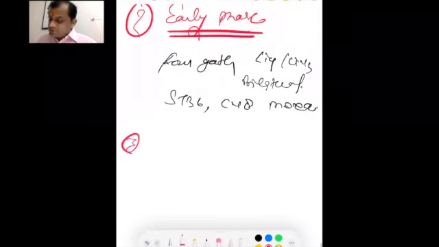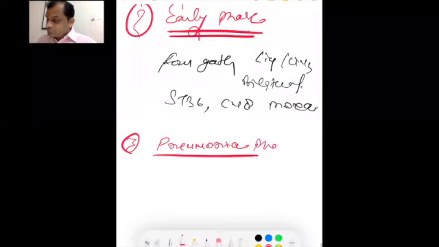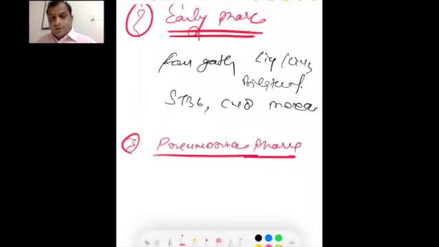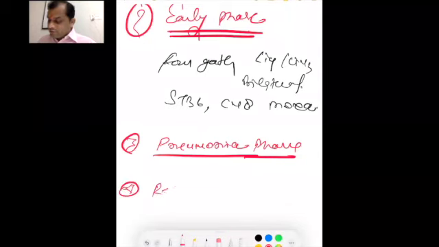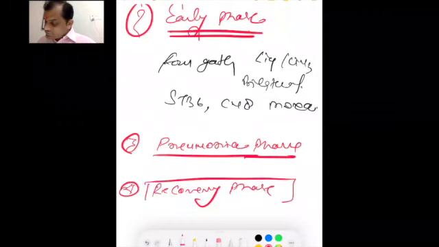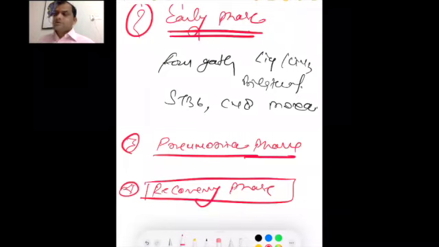Now the third condition is called the pneumonia phase. In this phase, we require lots of different types of treatment. And the fourth and last phase is called the recovery phase, when the virus is finished and the person is recovered, either with hospitalization or maybe because of some home remedy.